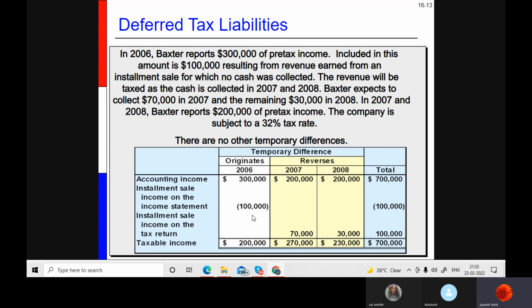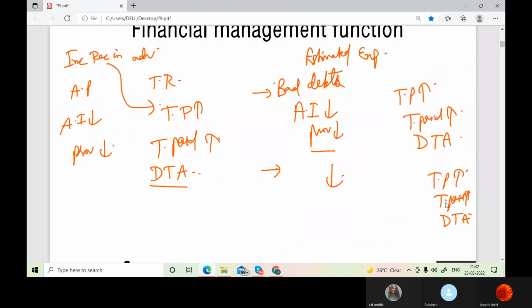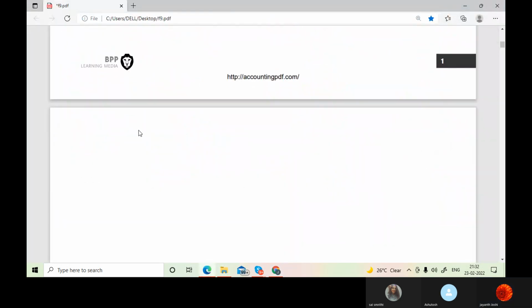Your accounting income is 3 lakhs. This is the accounting profits and this is the tax return, so 2 lakhs is what you're showing here. On 3 lakhs, 32% is how much actually? Just calculate in your books.